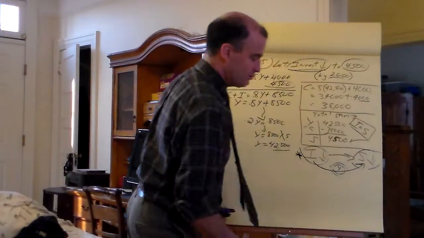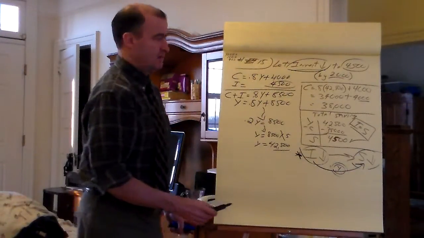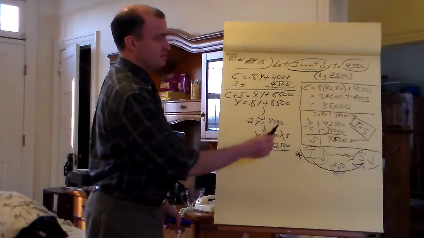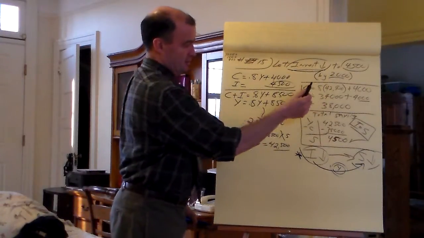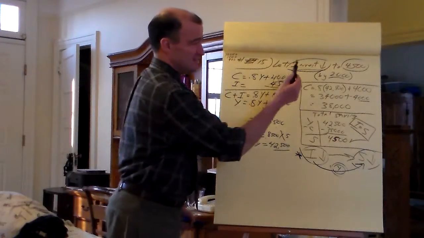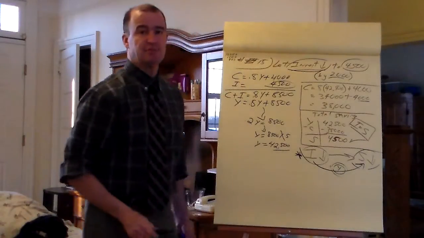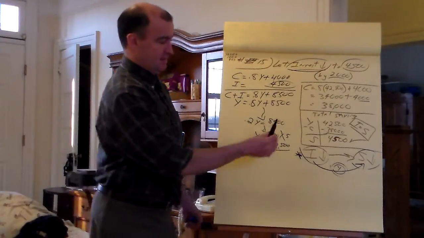I'll ask you, please explain these results. Well, investment fell. That has negative multiplier effects. The 2,000 created a decline in income of 10,000. 2,000 times 5 is 10,000. That's exactly how much income fell by.